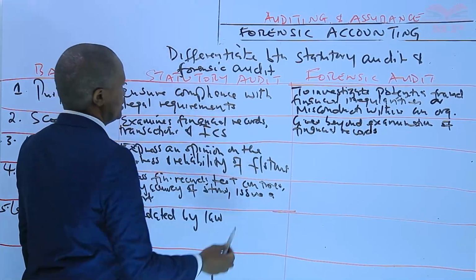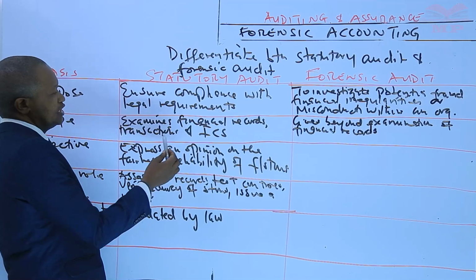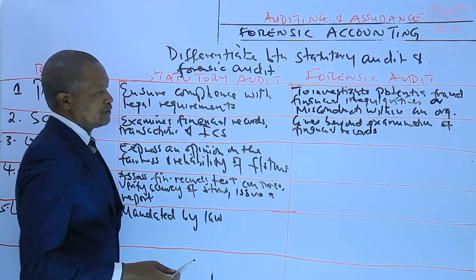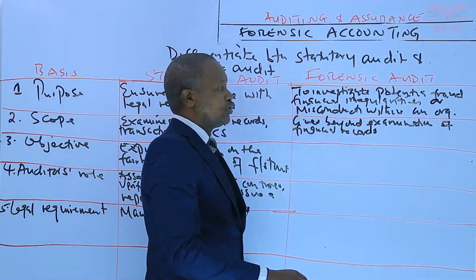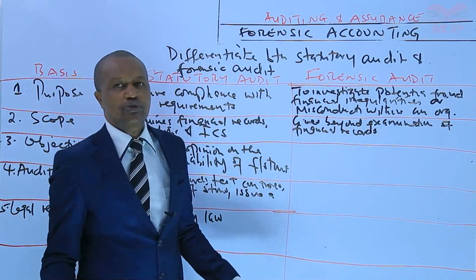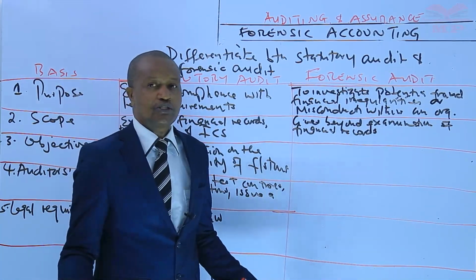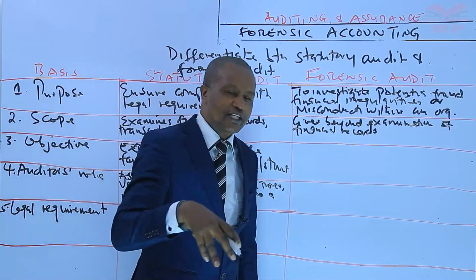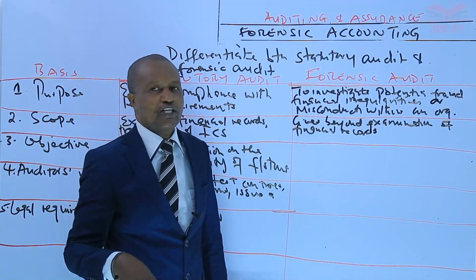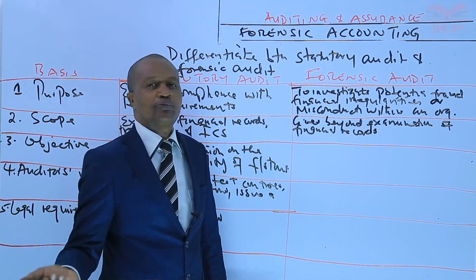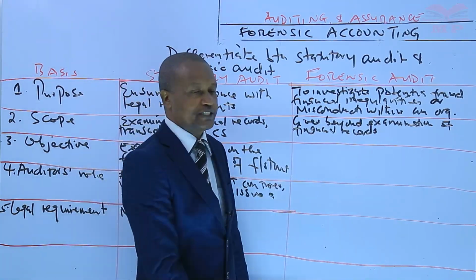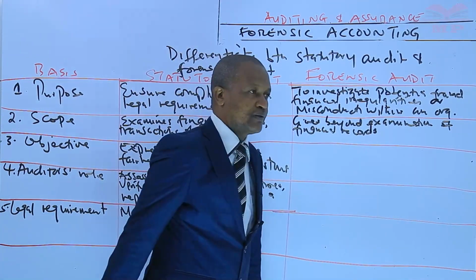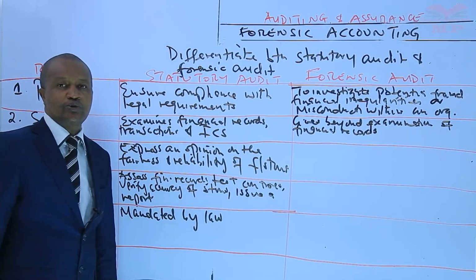A statutory audit is limited to financial records, but a forensic audit goes beyond the examination of financial statements or records and may involve in-depth analysis of financial records, transactions, documents, and interviews with relevant parties.